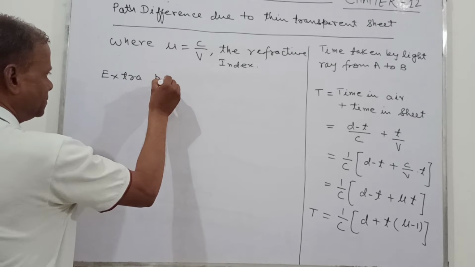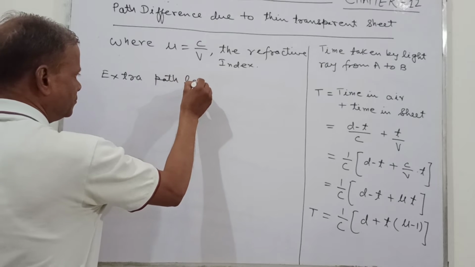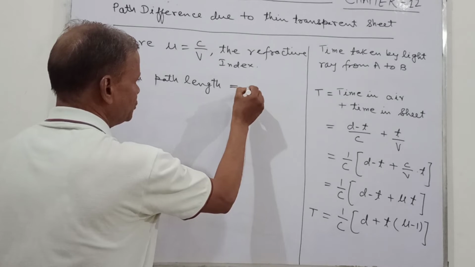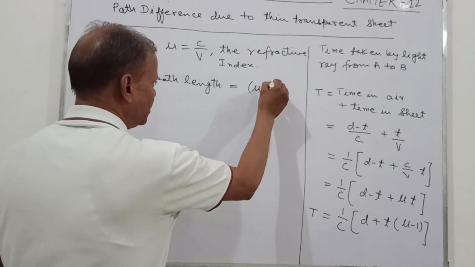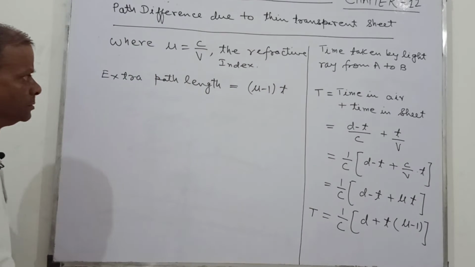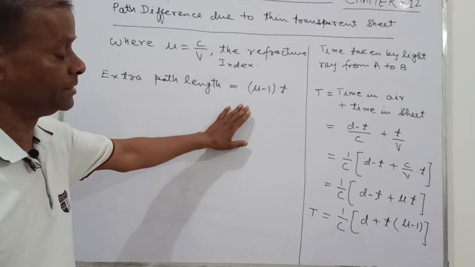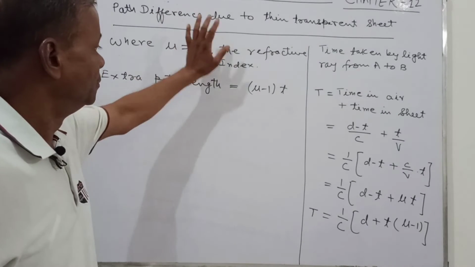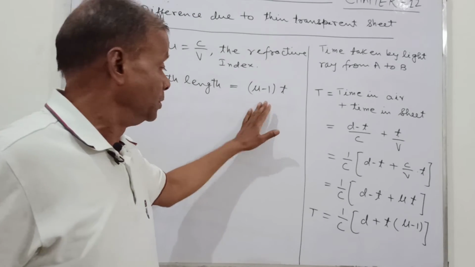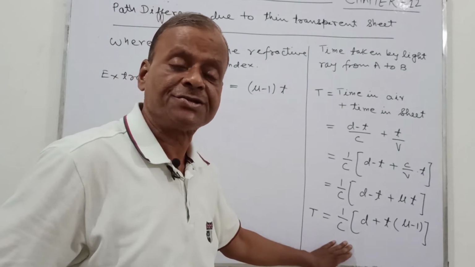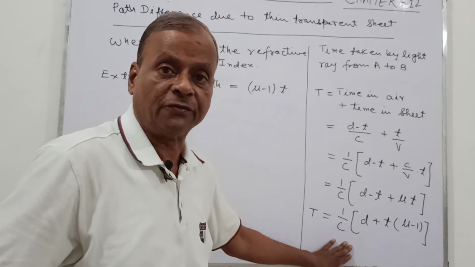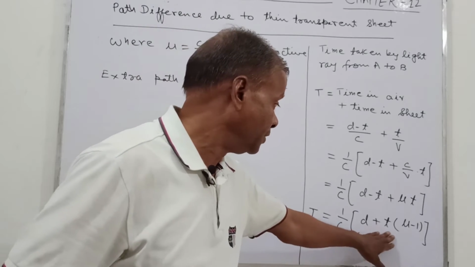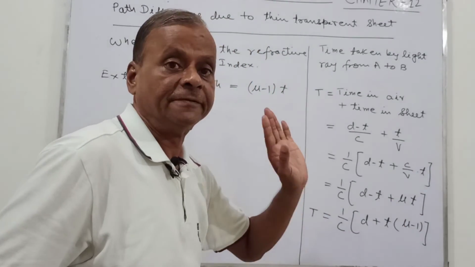This is equal to mu minus 1 into T. So this extra path length is what the path difference is. So when the transparent sheet is introduced in the path of light ray, its path increases by a factor of mu minus 1 into T.